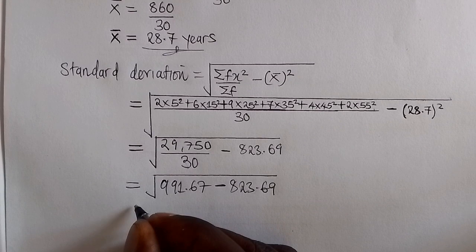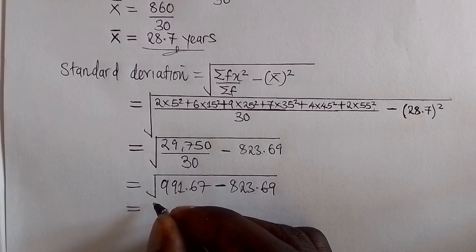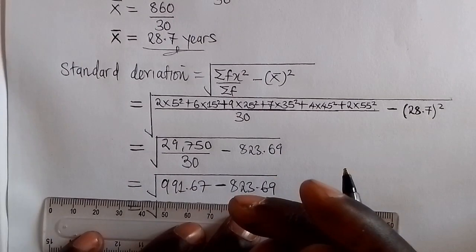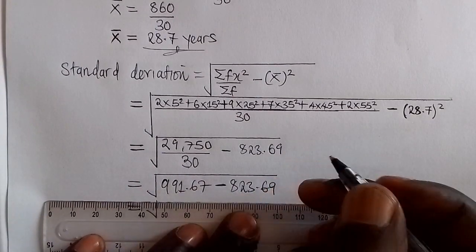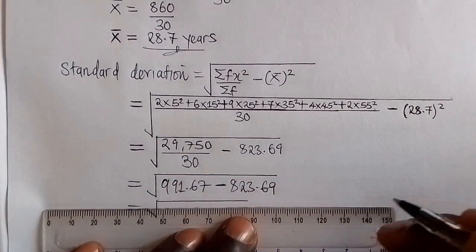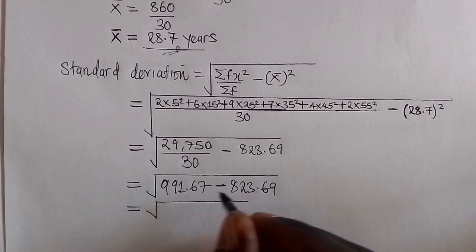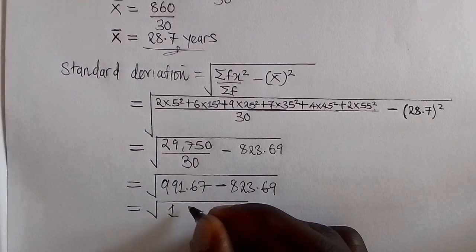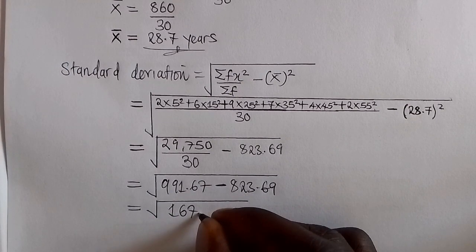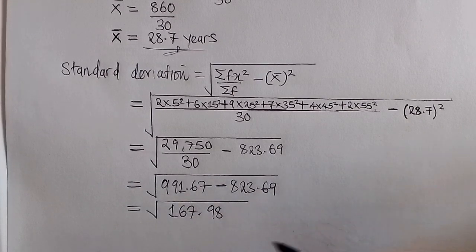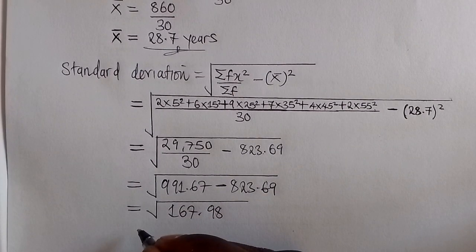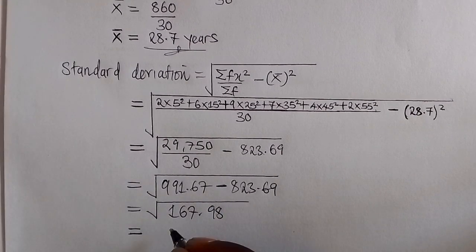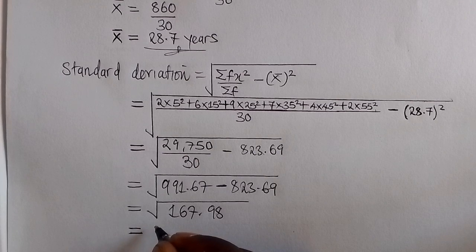So this gives square root. The difference here, if you subtract with your calculator, the difference is 167.98. And then square rooting this gives 12.